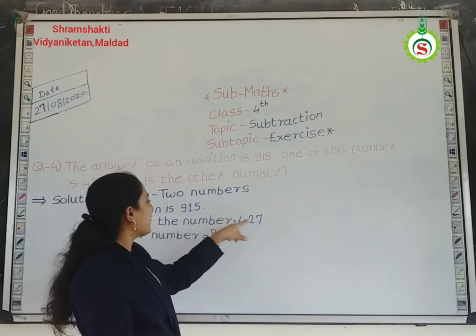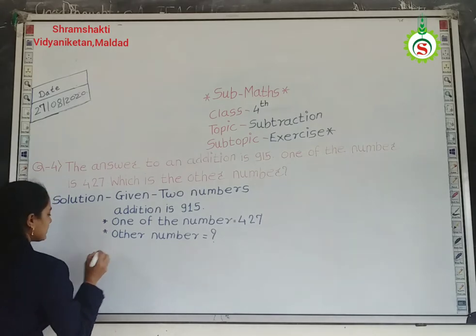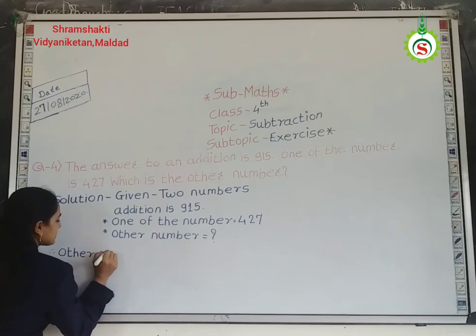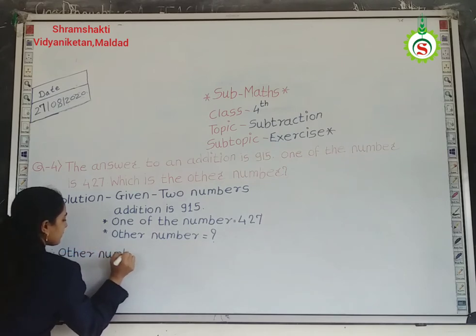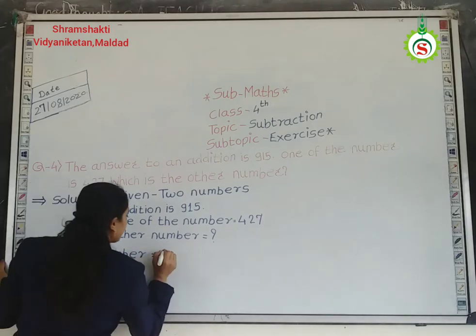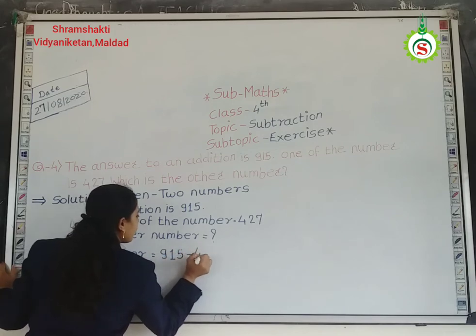So the other number is equal to 950 minus 427.